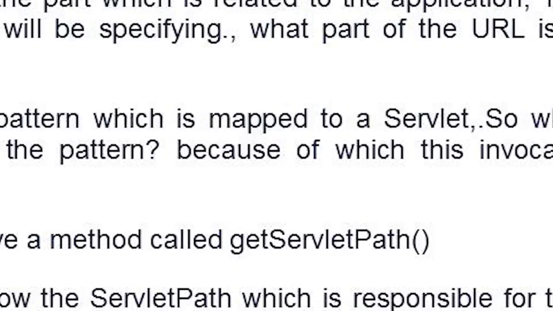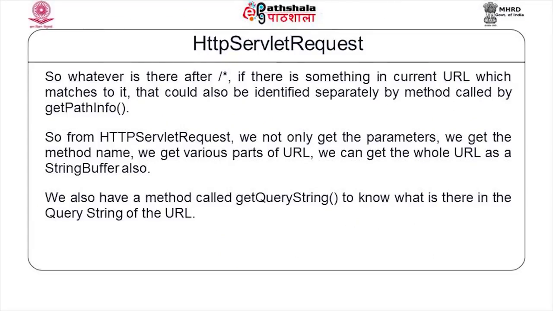And then after the servlet, for example, if you have that wildcard, you would have slash star at the end. Whatever is after the slash star part, if there is something in the current URL which matches it, that could also be identified separately by calling getPathInfo. getPathInfo is the additional part which is available to us.